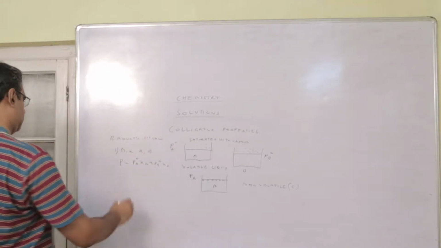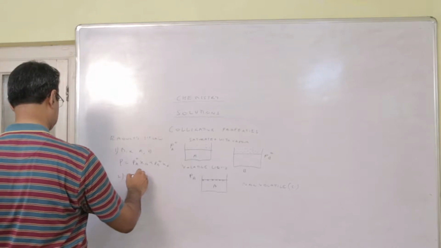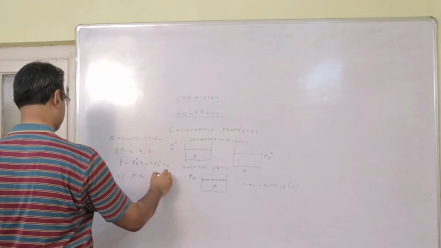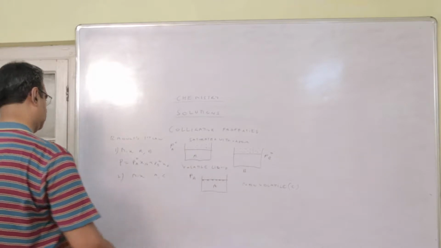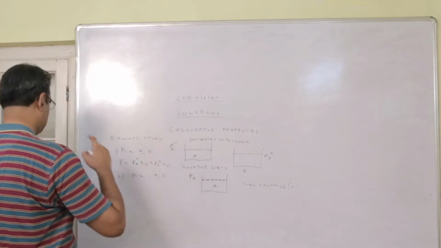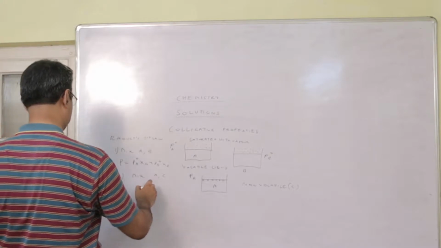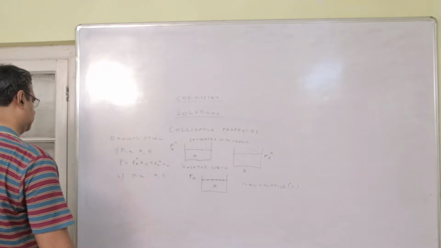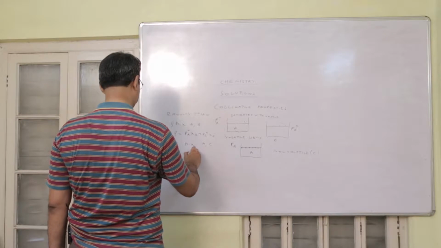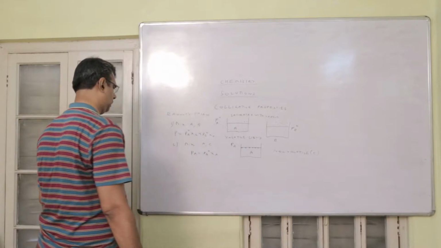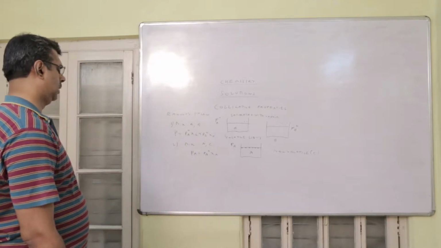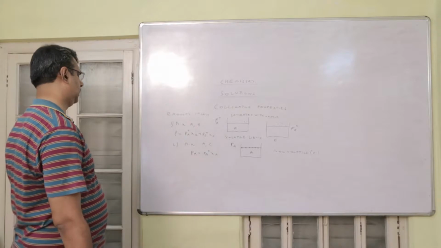The other thing is, if you mix A and C, in that case also the formula will be like this, that PA will be equal to PA naught into XA. So let's understand one thing.